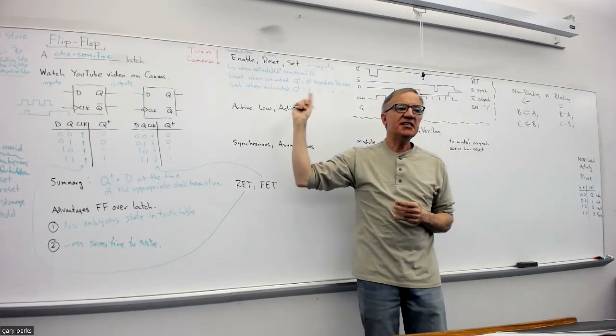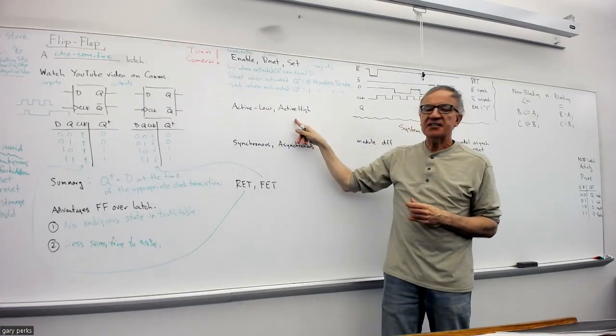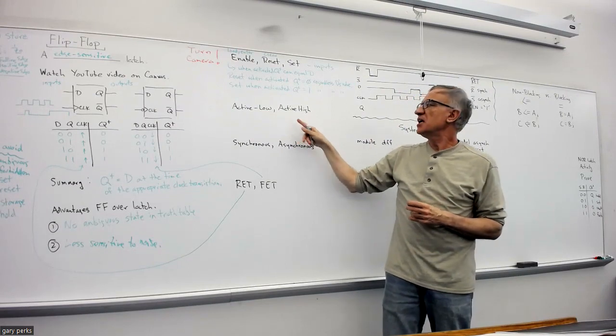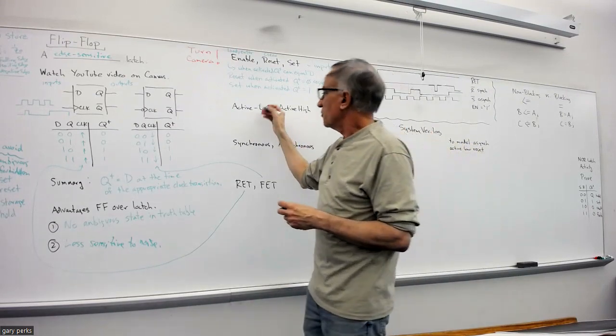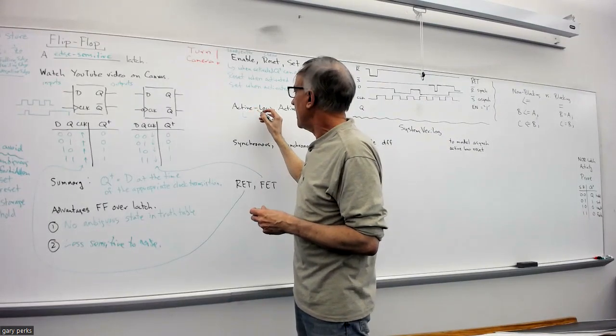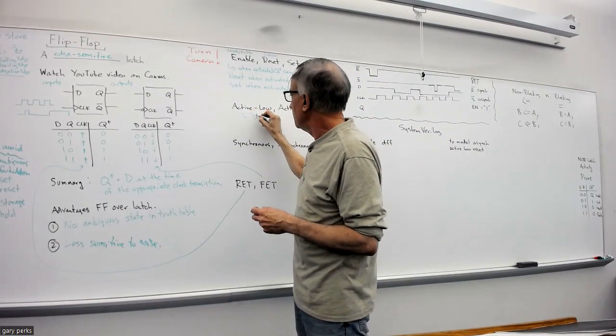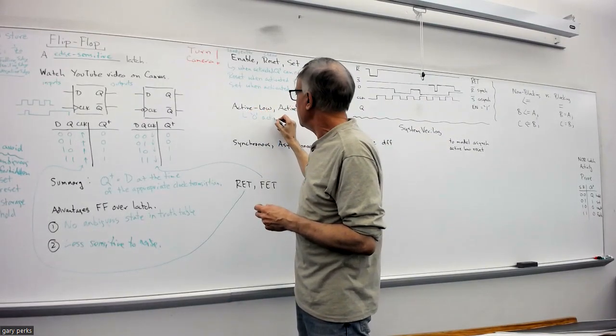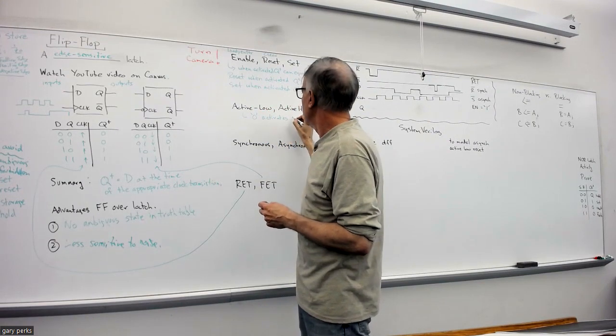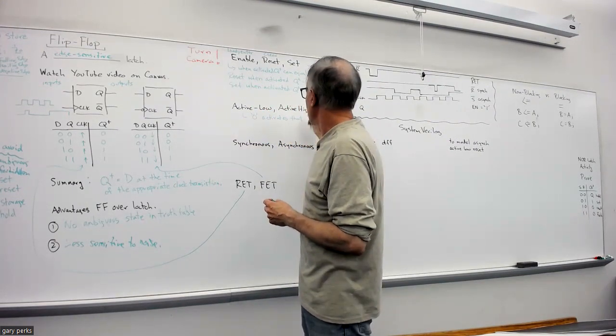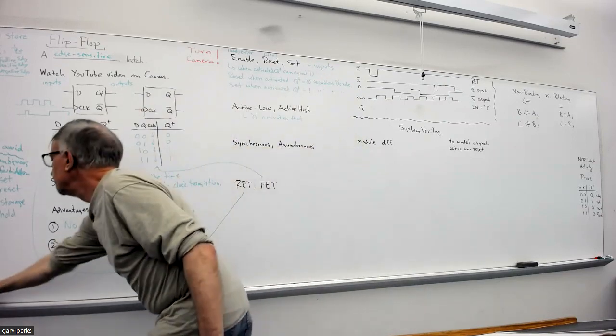Now, each one of these inputs can either be active low or active high. What active low means is that a 0 activates that input.